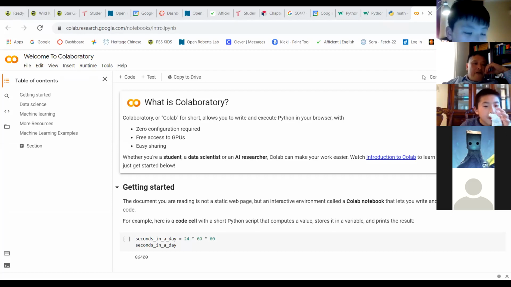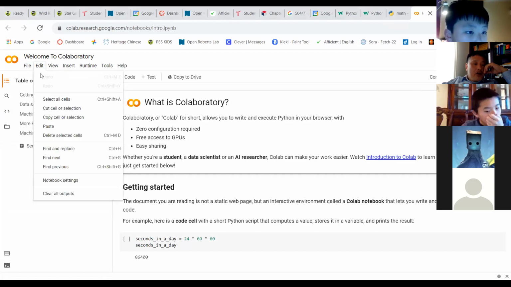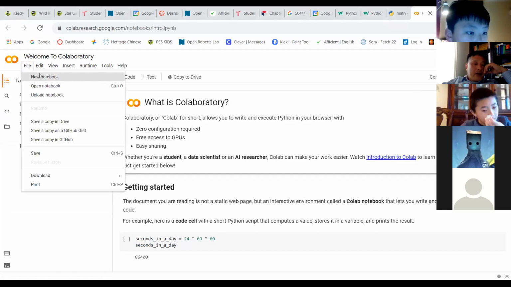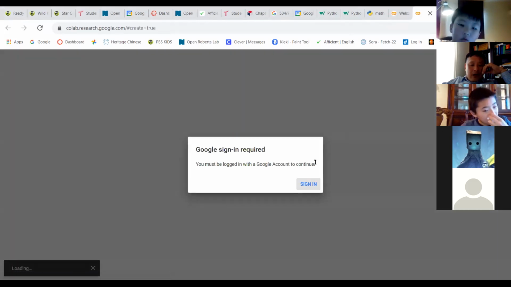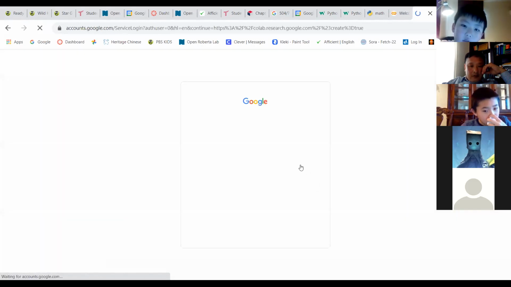All right, can you click on File, the main file menu? You see File, right? Yeah, click on it. New notebook, you see New notebook, right? Click on it. All right.